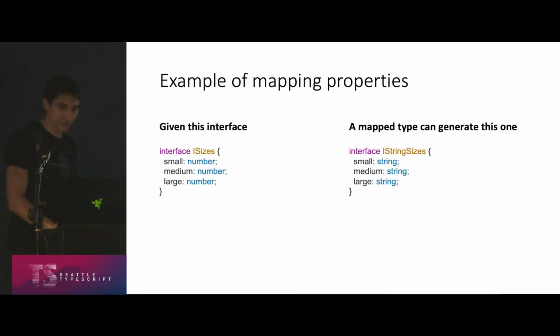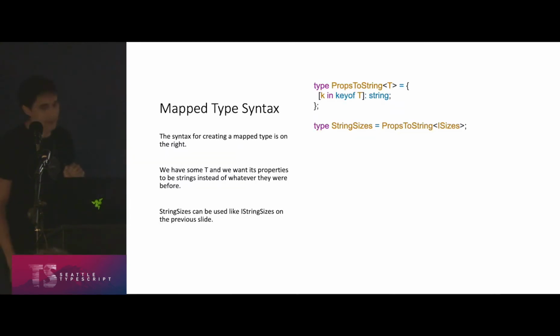And there's a special syntax for that. It looks like this thing in the top right here. So these are always generic types. You'll see these, I call them chevrons, some people call them angle brackets, with a T between them. And what this says is take all of the keys in T and map them to strings.